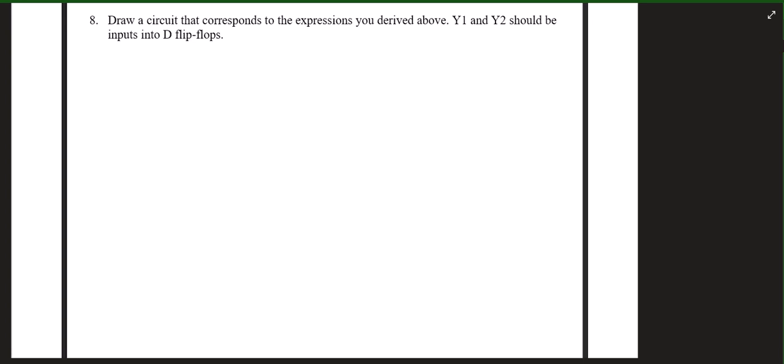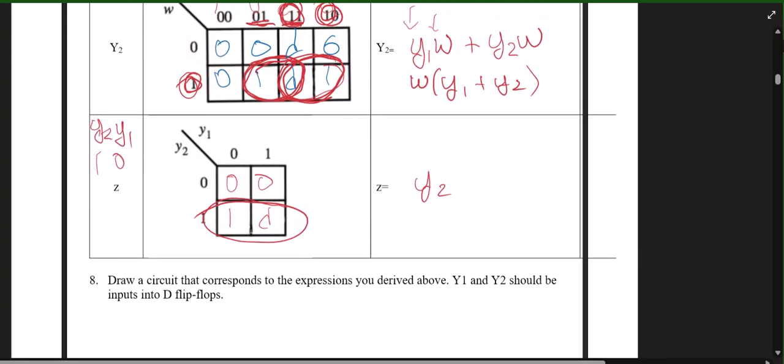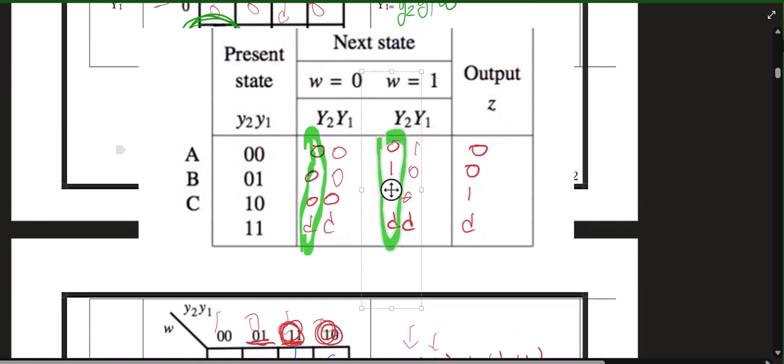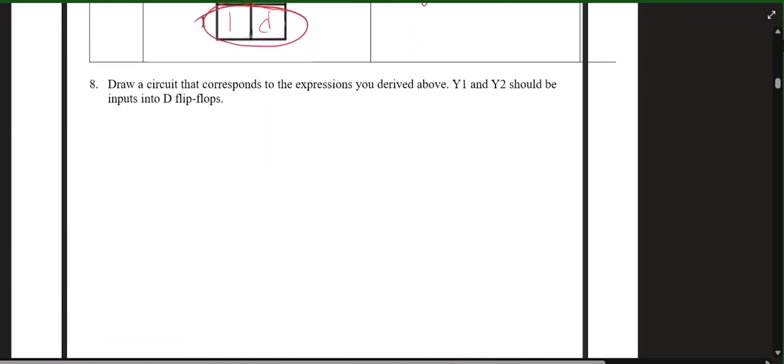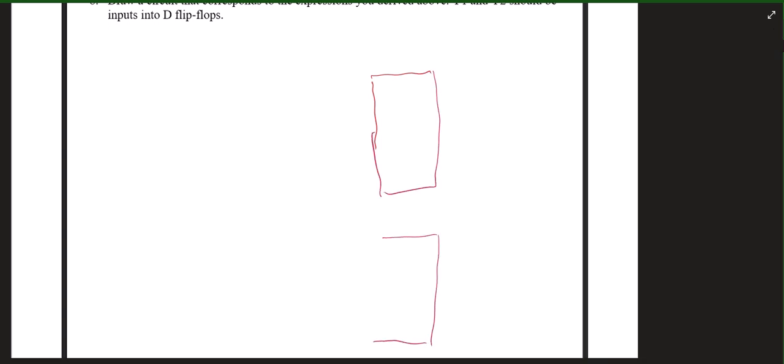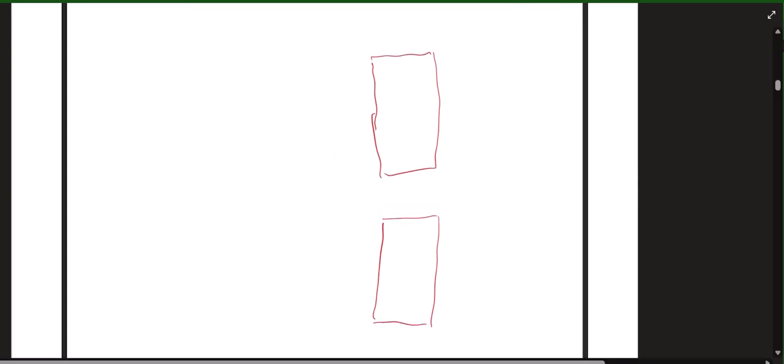Our states are defined with 2 bits. That means that we're going to need 2 flip-flops. However many numbers you're using to define your states is how many flip-flops you're going to have. What is W, the number of states?